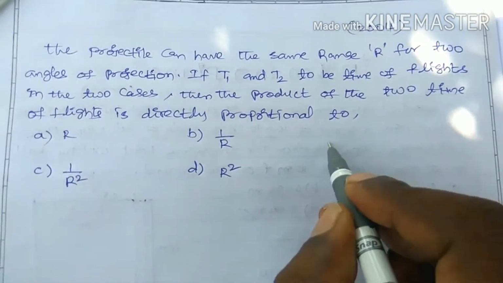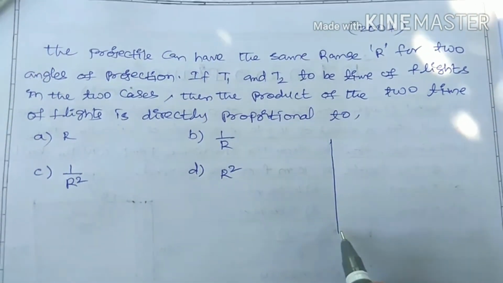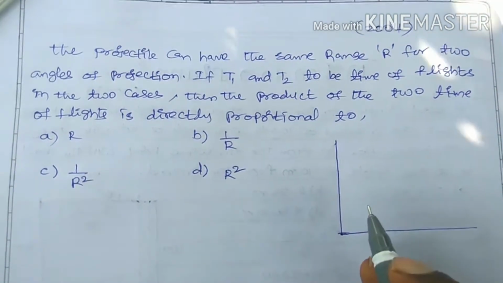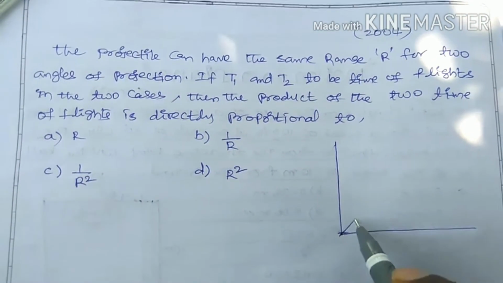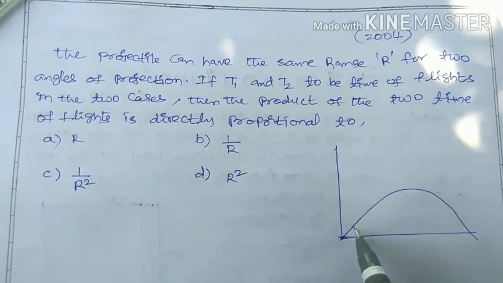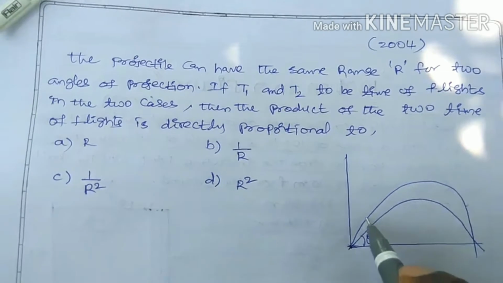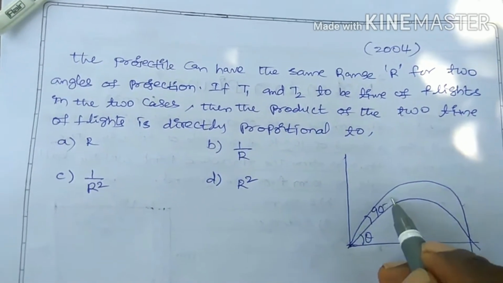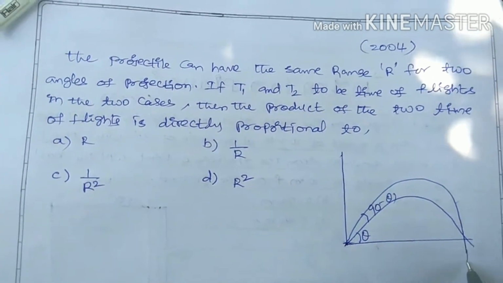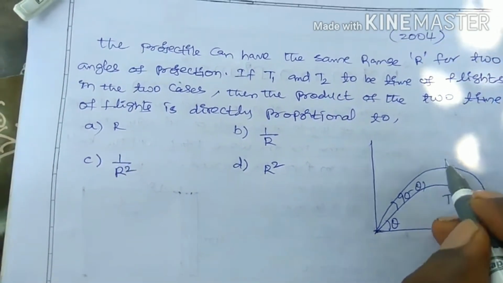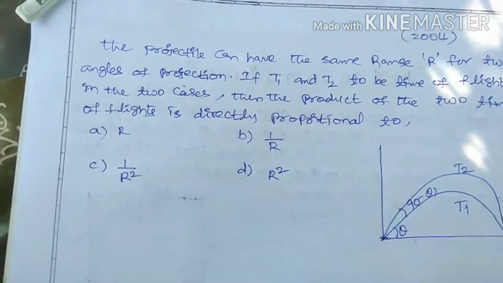So here the simple solution is this. If the range is common for two angles, then one of the angles is theta and the other angle is 90 minus theta. Theta and 90 minus theta have the same range. Let this time of flight be t1 and this time of flight be t2. So what is the product of t1 and t2?